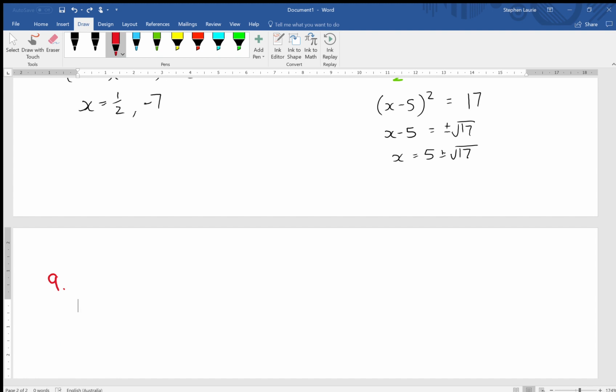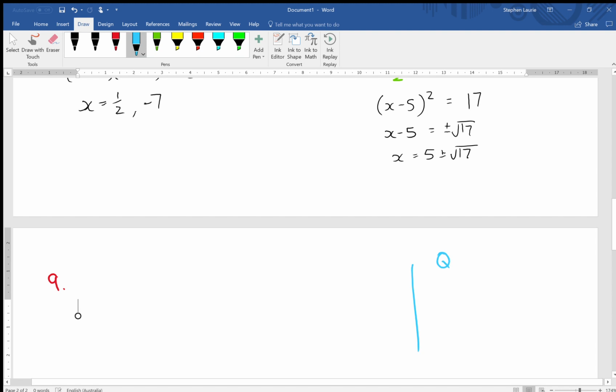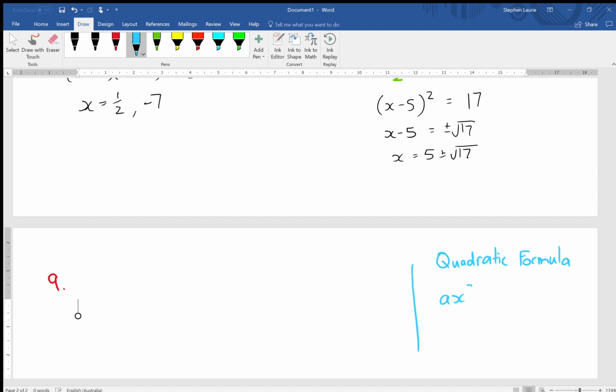I should just mention quickly, we're not going to look at any quadratic formula questions in this revision, because you guys were pretty good at that. But just remember, you can use the quadratic formula for any question if you want. It's not always the most efficient, but it will work. Just remember that in order to properly use it, your quadratic needs to be in the form ax squared plus bx plus c equal to 0.